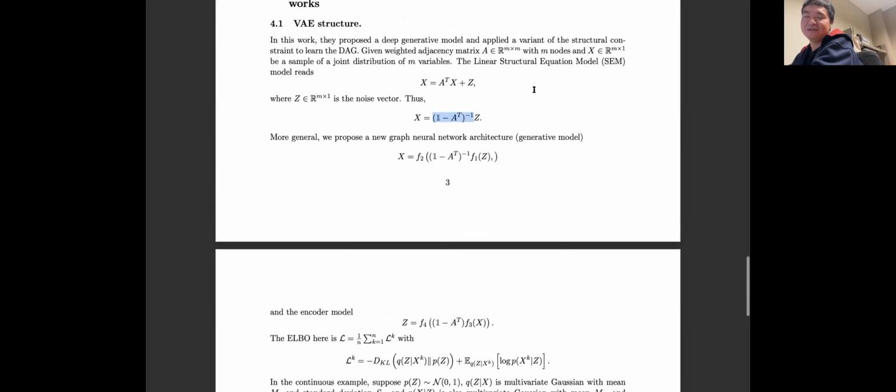Guanxun, for the last part, I have a question. In what cases can we consider SEM as an appropriate model, for example for constructing the adjacent matrix? I didn't see the point.